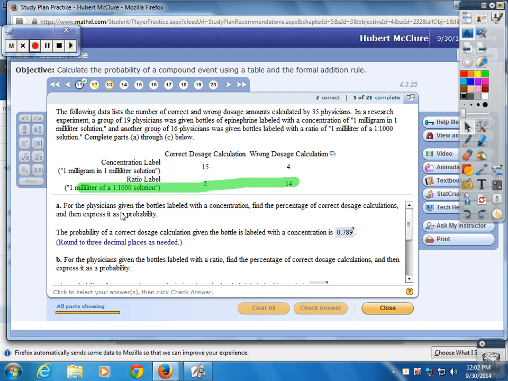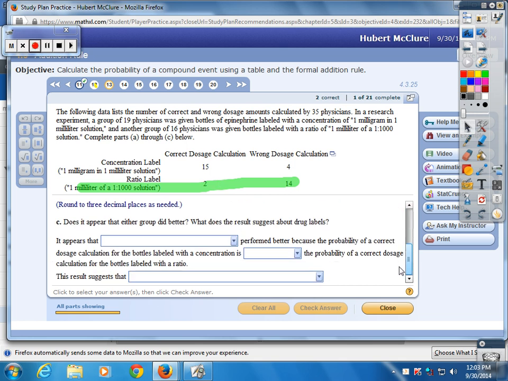So that would be 15 over 19. Now, for the physicians given the bottles labeled what? Ratio, that's 16. Find the percentage with the correct dosage. 2 over what? 16 is your second one. They switch gears on me. So that would be 2 over 16.